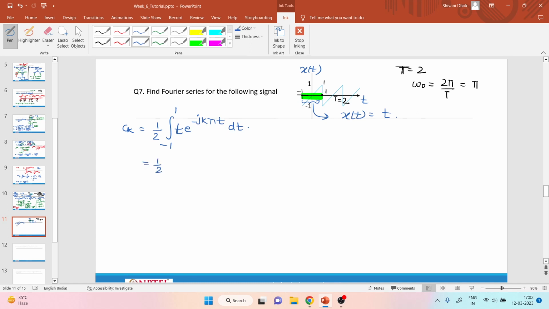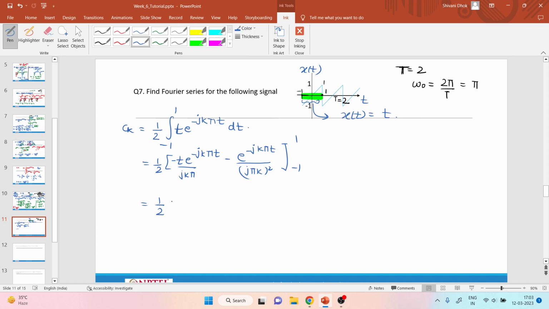Now this I can write as minus t into e power minus j k pi t upon j k pi, minus e power minus j k pi t upon minus j k pi whole square, from -1 to 1.